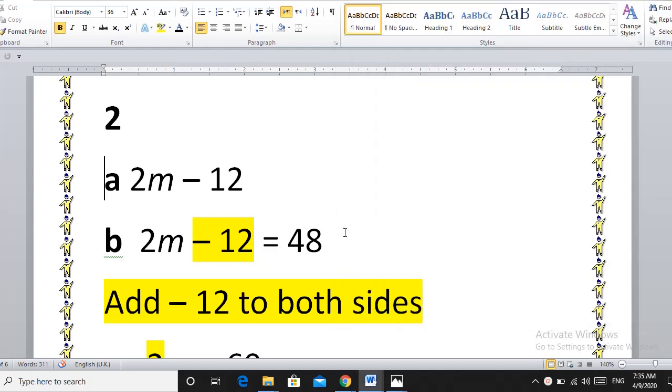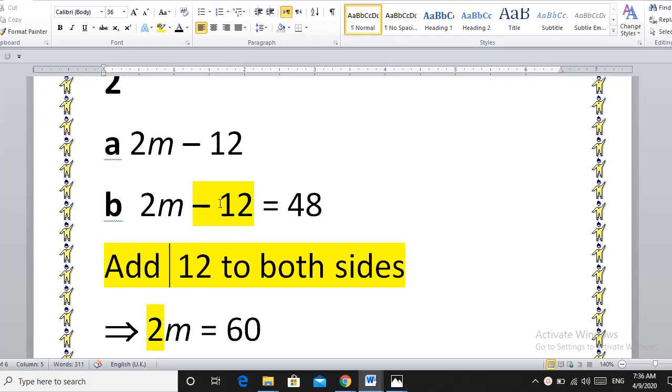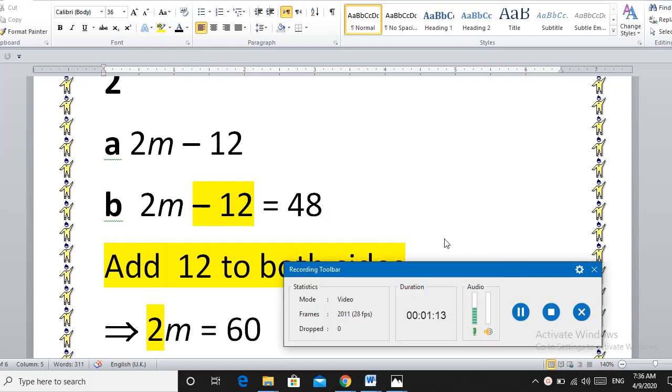Okay, heading back here, the first step would be adding 12 to both sides, since we have a negative 12 here, so we do the inverse operation and we have to add 12 to both sides. After we set up the equation for this problem, we need to solve it and simplify it as well as possible.